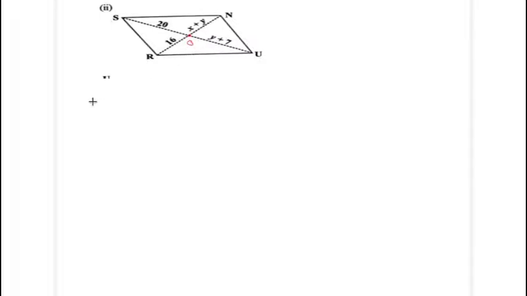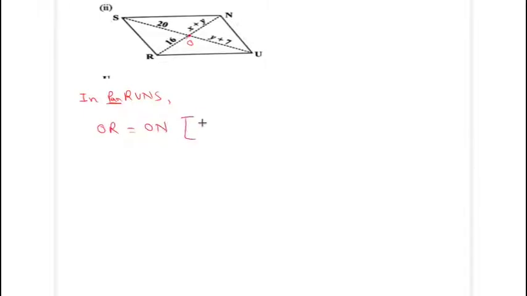Now in parallelogram RUNS, first of all we will take OR equals to ON. OR equals to ON.